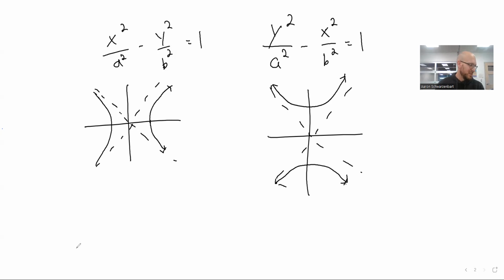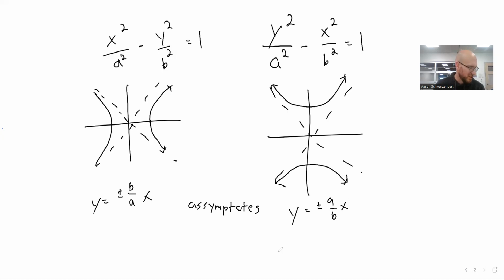So for this, your asymptotes, if they're centered at 0, 0, are equations for lines. The slope is positive b over a and negative b over a. There's 2 of them. For these ones, because a is under y, it's plus or minus a over b.